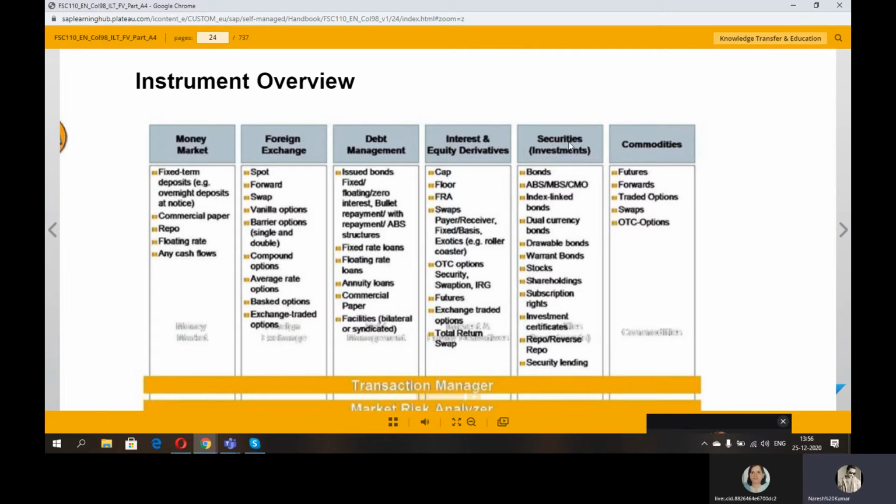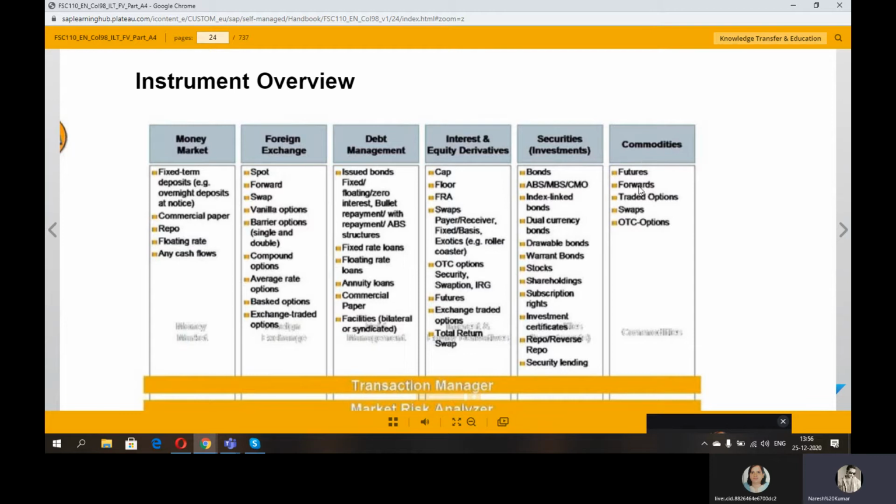When it comes to securities, the investments based on bonds, ABS or MBS or CMO, and index linked bonds, and dual currency bonds, drawable bonds, warrant bonds, stocks, shareholding, subscription rights, investment certificates, repo, reverse repo, security lending. These things will be based on securities.